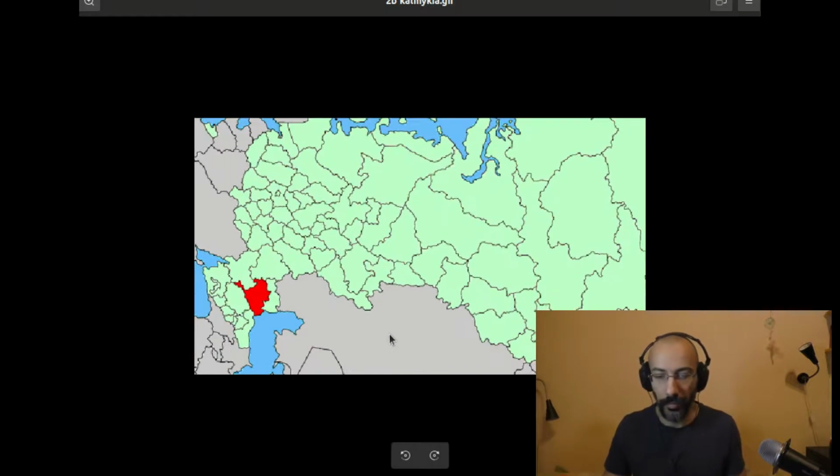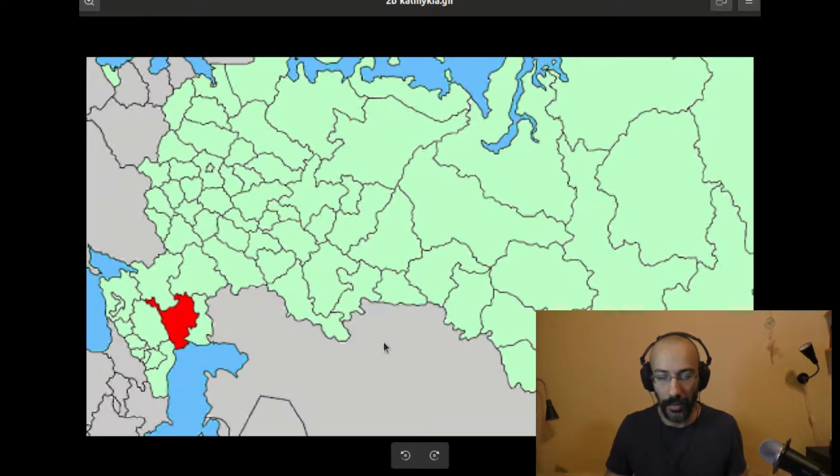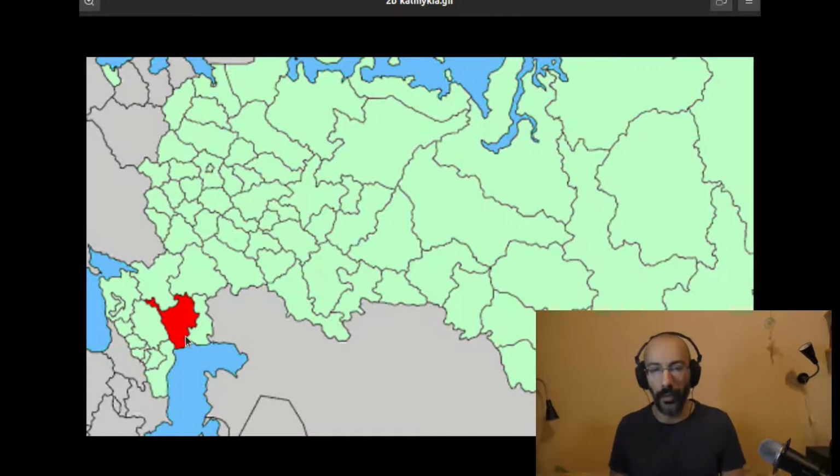Okay, here I included this map too because near the Caspian Sea, the estuary of the Volga River, we have a quite small republic in Russia called the Kalmyk Republic, where the Kalmyk language is spoken, and I show you this map now because Kalmyk is a variety of Oirat. So they are Oirats, and they too belong to the central group of Mongolic languages, together with other varieties of Oirat.